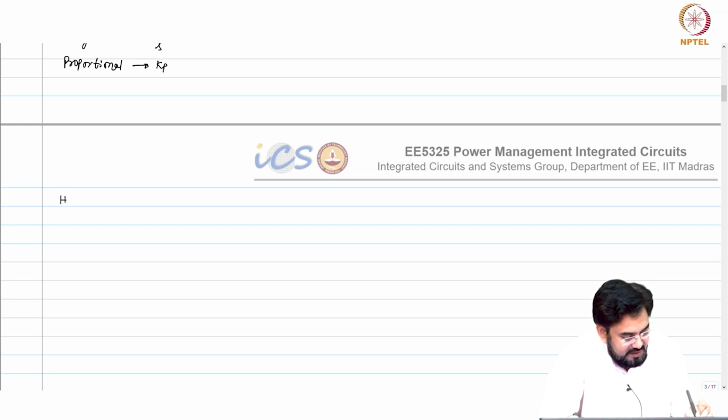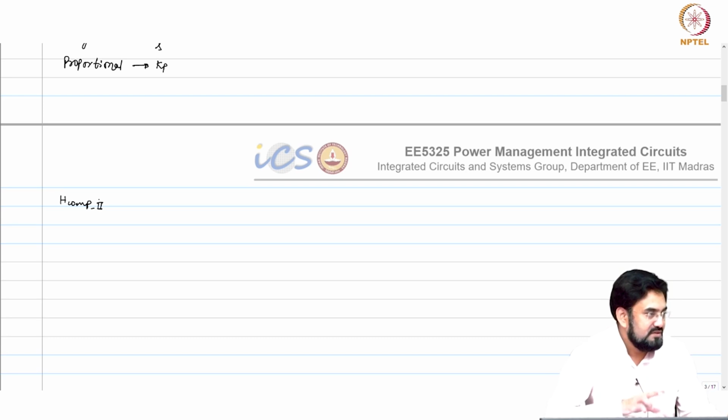So if I want to write H of comp, I will say 2 here, which means type 2 compensator. Okay.